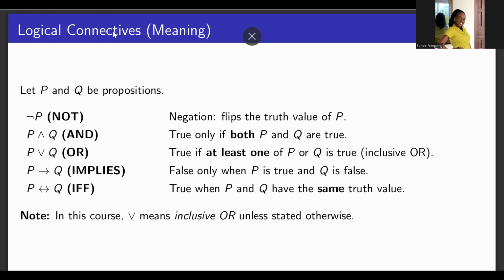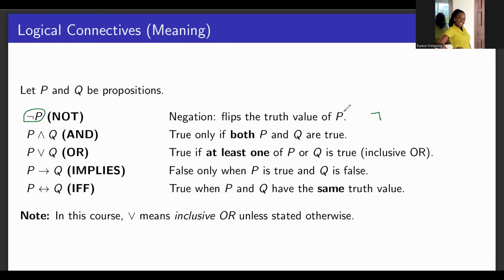Let's look at some logical connectives. Let P and Q be propositions. Not P. This symbol over here, we read it as not P. This is the symbol for negation. Negation flips the truth value of P. P here is standing for the proposition, that statement or sentence which has a truth value.